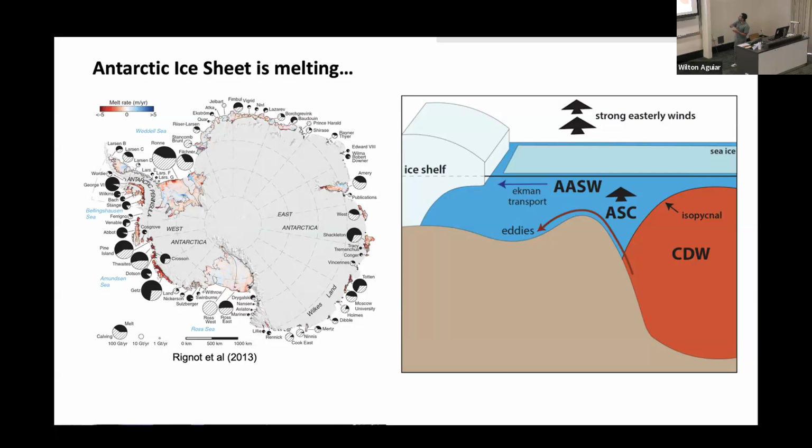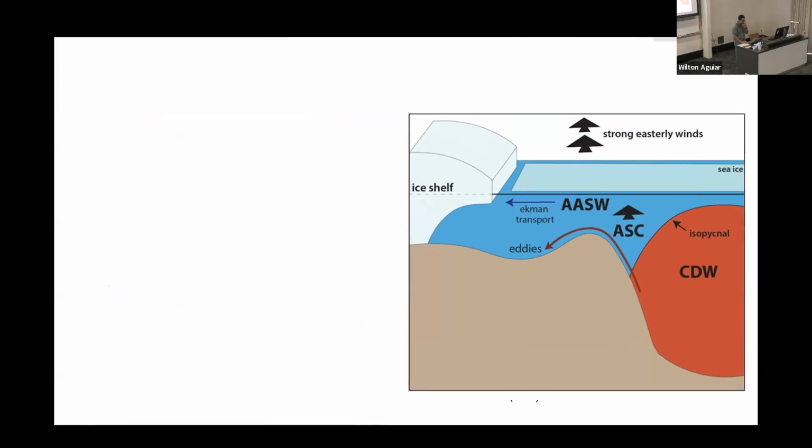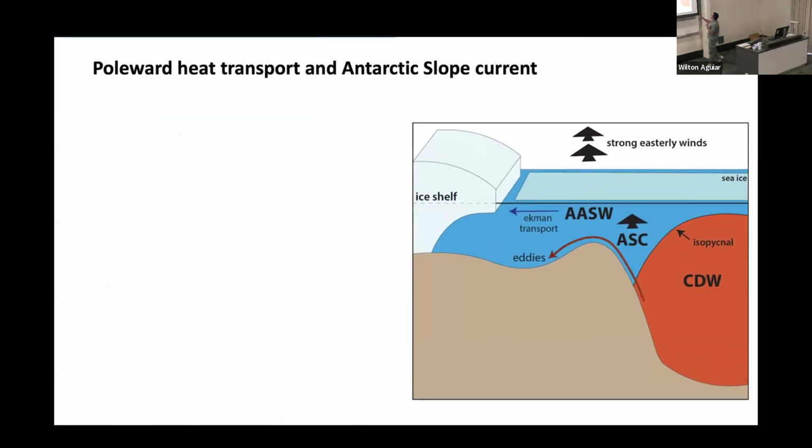Now here on the right, I'm showing a schematic transect of this current to understand how it would be possible for this current to actually control the heat transport, right? So offshore, we see this circumpolar deep water, highlighted in red in some of the regions, and it is generally separated from the shelf by this downward isopycnal slope.